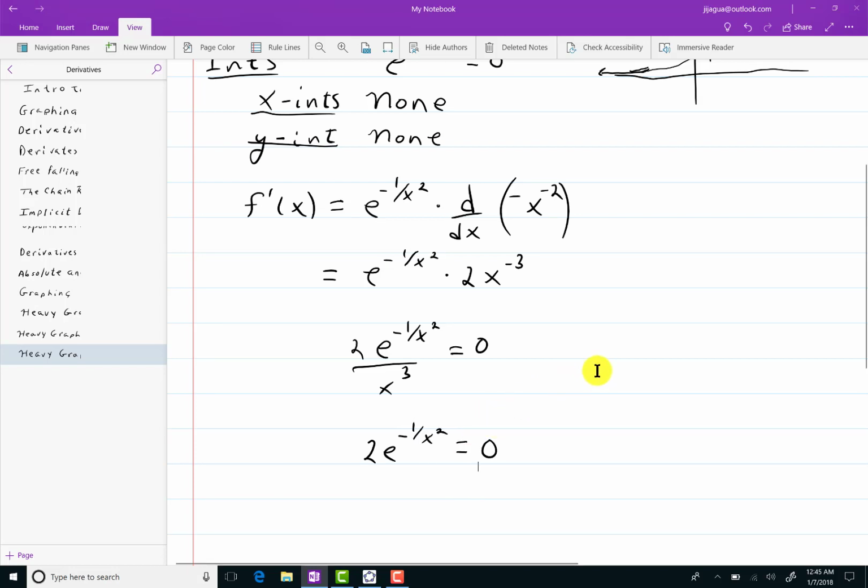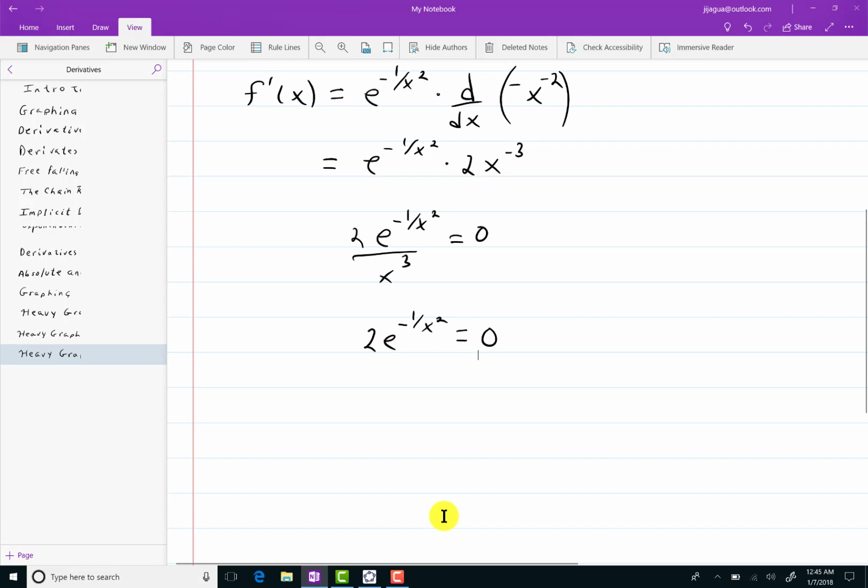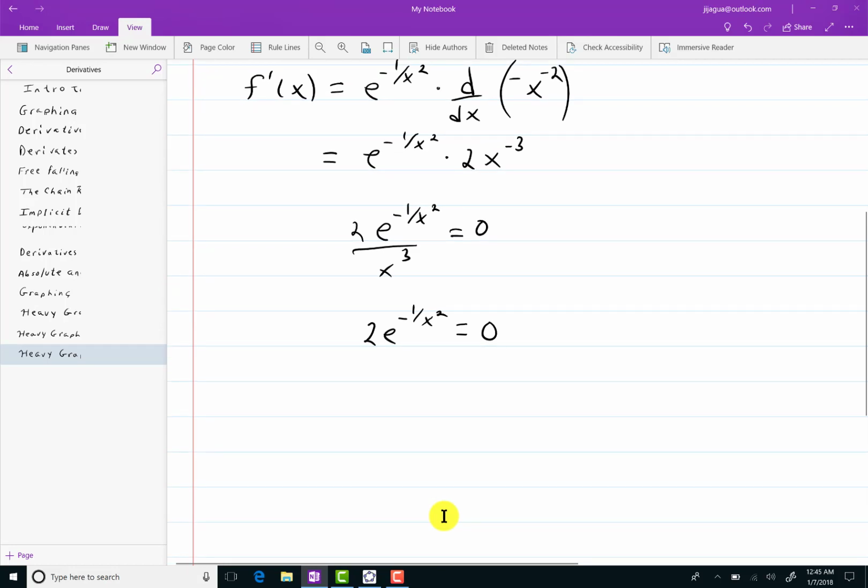But I'm in the same situation I was at the beginning. There's no solution for this. E to anything is a positive number. So there's no zeros. But there is a critical number at x equals 0 because the derivative is undefined when x equals 0.